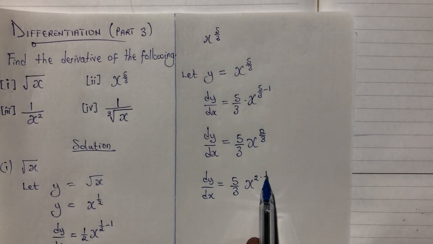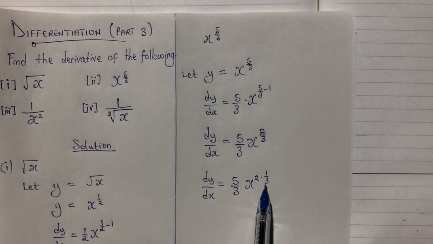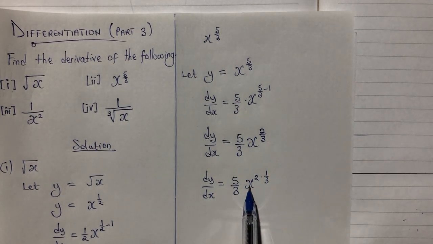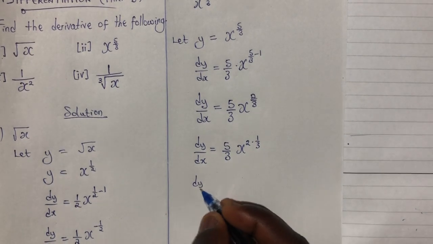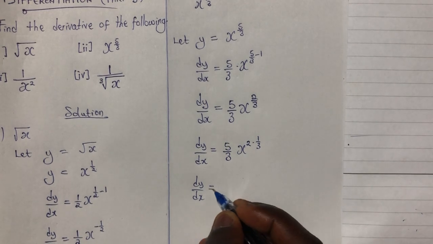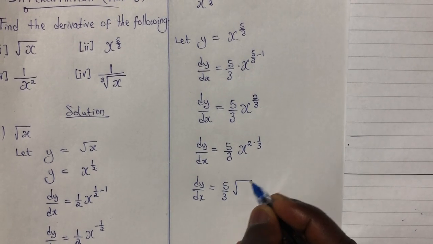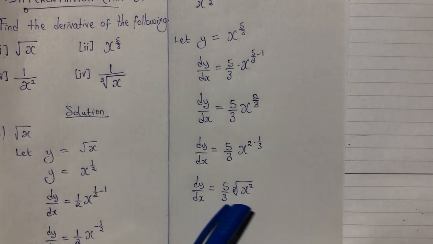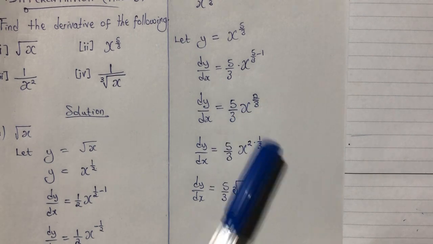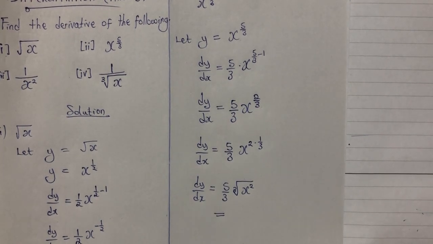When I multiply this, I'll get the same 2 out of 3, and 1 out of 3 is the same as the cube root of what? X. So I can rewrite the final answer as dy dx being equal to 5 out of 3 times the cube root of x, all squared. So this will be my final answer for this question.